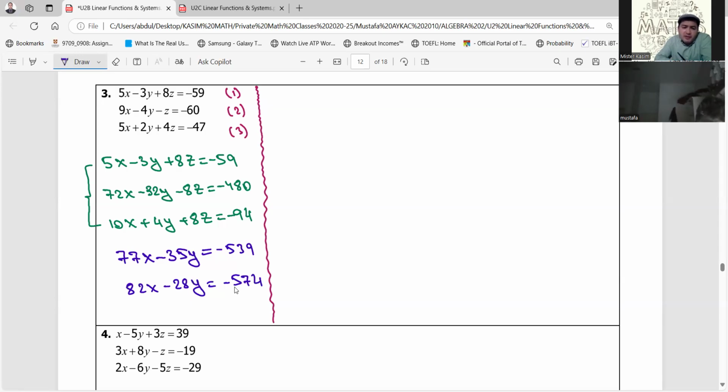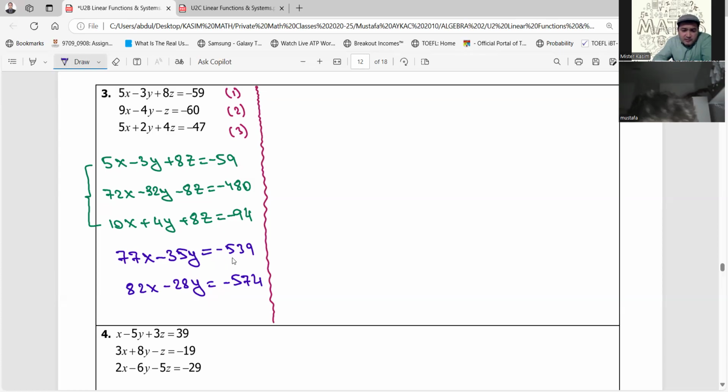Big numbers. Can I simplify this? I can simplify a bit, because in the first equation all numbers are divisible by 7, and the second one is divisible by 2. At least it will be much simpler.